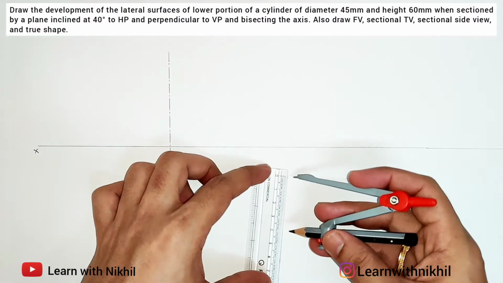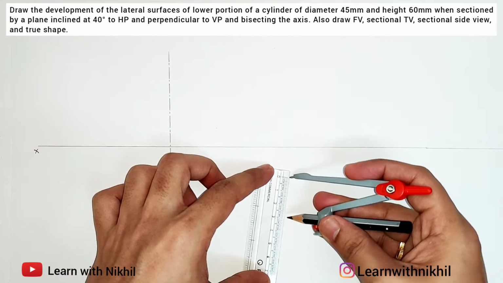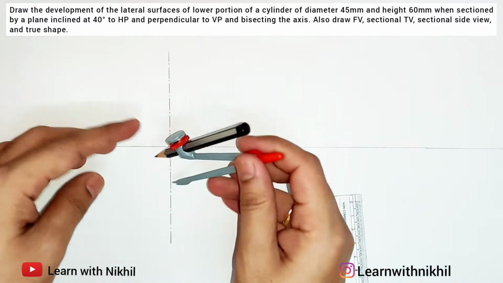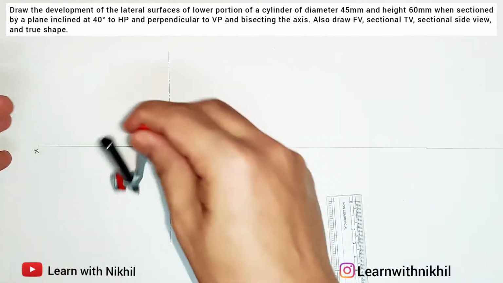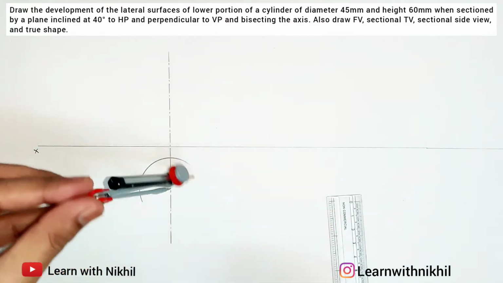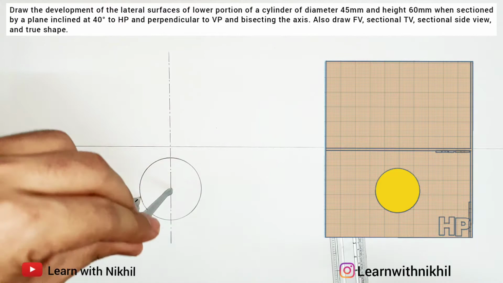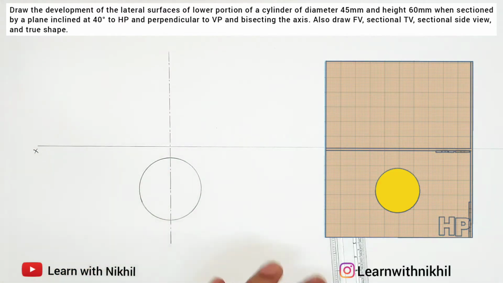So first I have marked the center line. Now the diameter of the cylinder given is 45 millimeter. So half of it I have taken the radius and drawn the circle in the top view. So this is the circle in the top view.